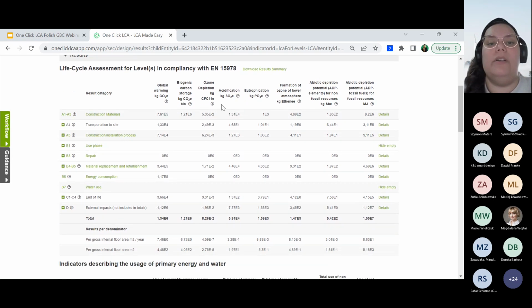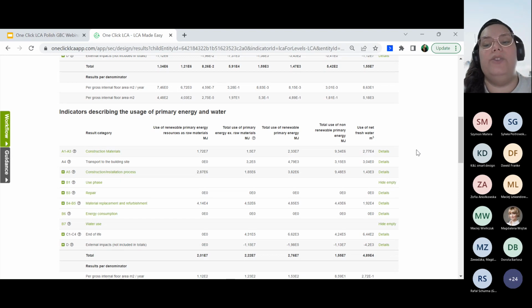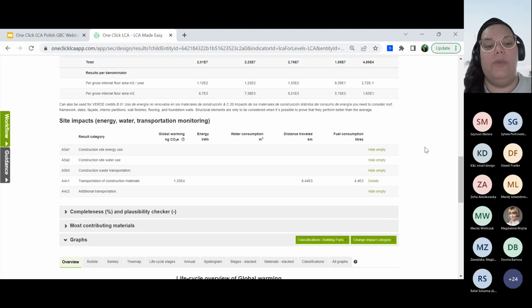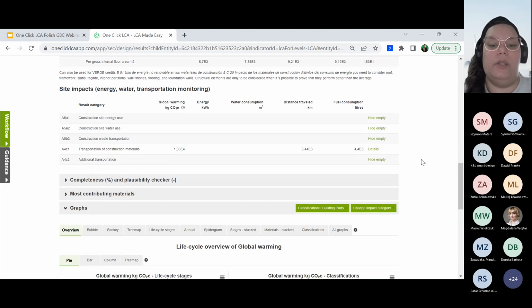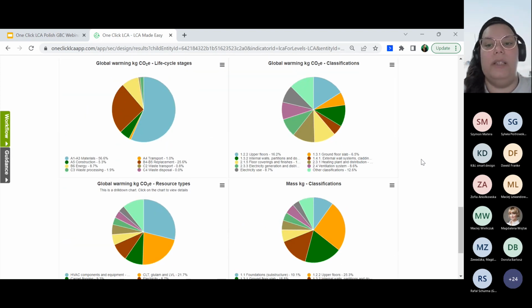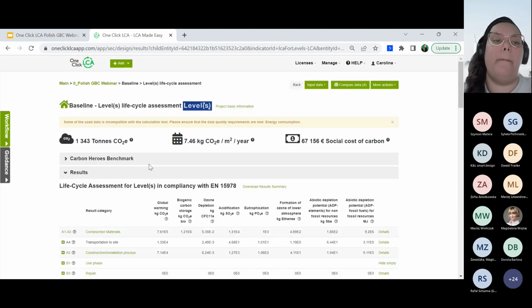So I can see, as I mentioned earlier, the ozone depletion, acidification, eutrophication, and so on. And also the uses of primary energy and water and the site impacts. So we can also do here the input for the construction site operations as well. And again, our graphs, but now focusing on the full LCA results.